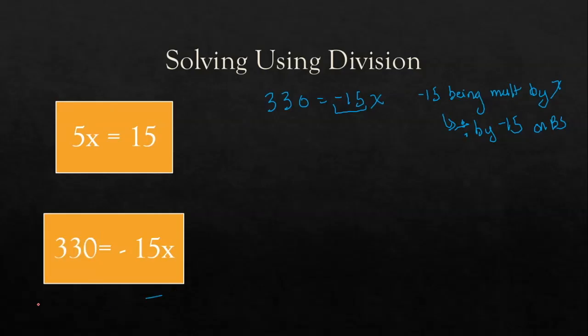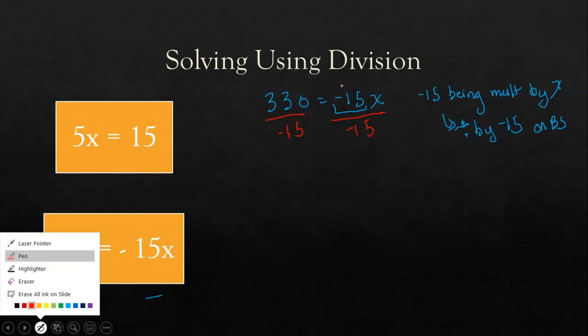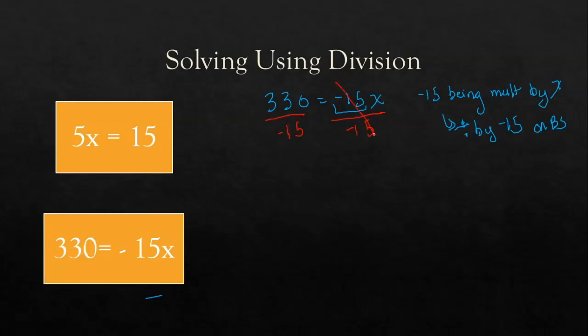So I'm going to divide by -15 here, and divide by -15 there. Switch back. Okay, and then this goes away, right? It becomes a 1. That's the whole reason we did it, was to get rid of it because it was attached to my x and I don't want that.